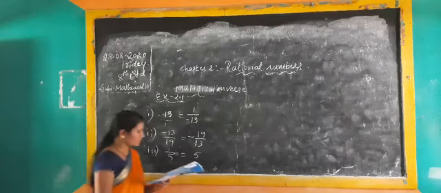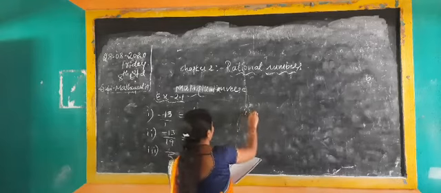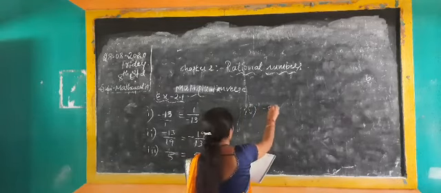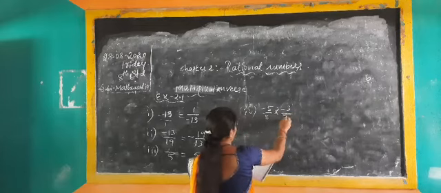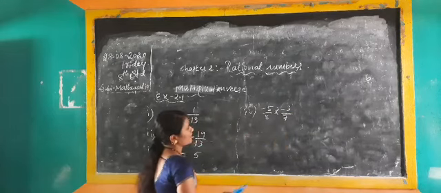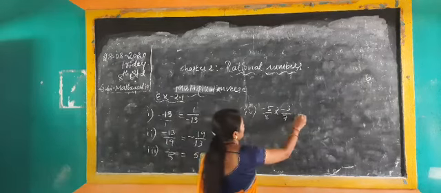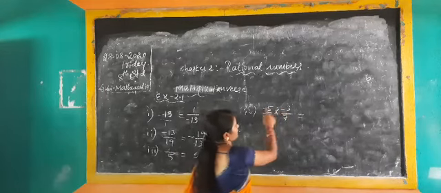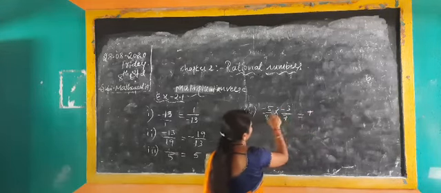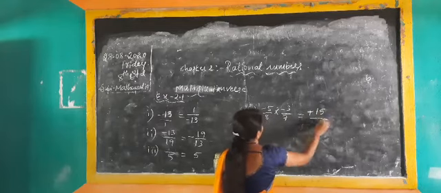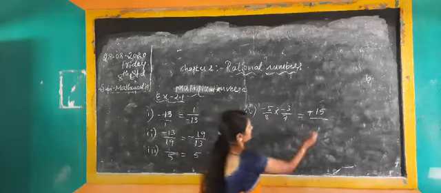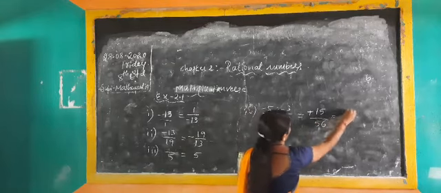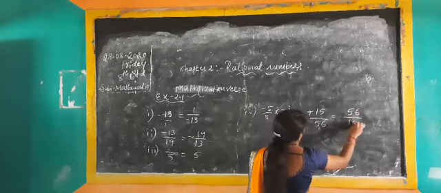Here the fourth one, see, they gave a fraction: minus 5 by 8 into minus 3 by 7. Here see, is anything cancelling? No. You have to multiply both. Minus into minus is plus, 5 threes are 15 divided by 7 eights are 56. I said reverse this: 56 by 15.